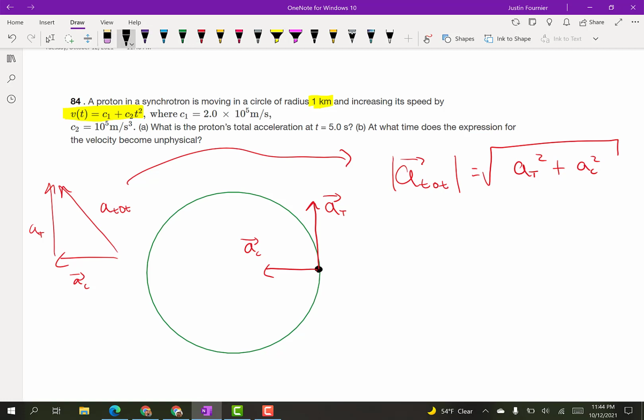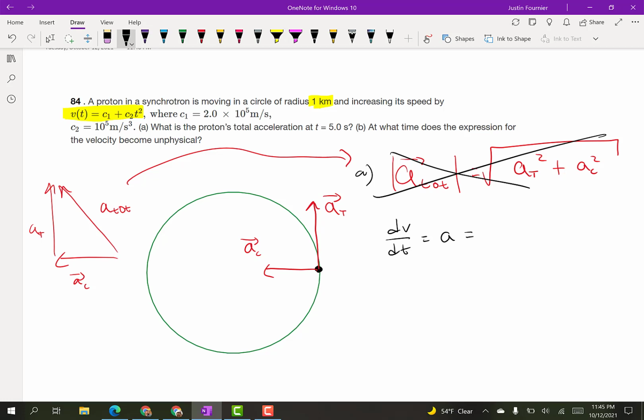So I want to try and find out, so this is all part A. I don't think I'm going to use this now anymore. So I want to find the total acceleration, and I have the velocity function. So how do I get the total acceleration with the velocity function? Well, I could take the derivative, because the derivative of the velocity function is going to give me the acceleration.